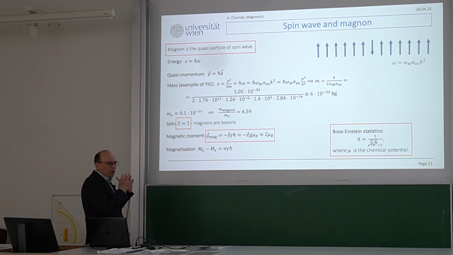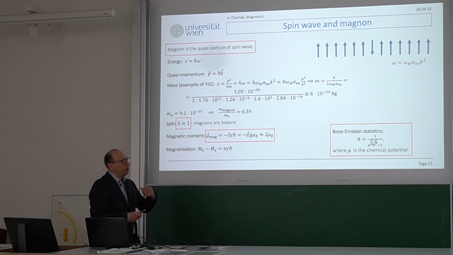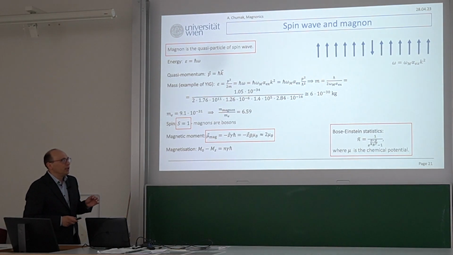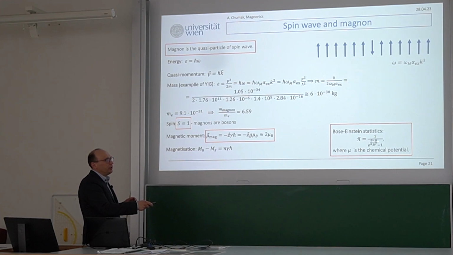What is special about magnons and Bose-Einstein condensation is that usually, in order to reach condensation of, for example, ultra-cold atoms, people decrease the temperature. So you need to go to small T. With magnons, there are many mechanisms by which you can increase this chemical potential mu.